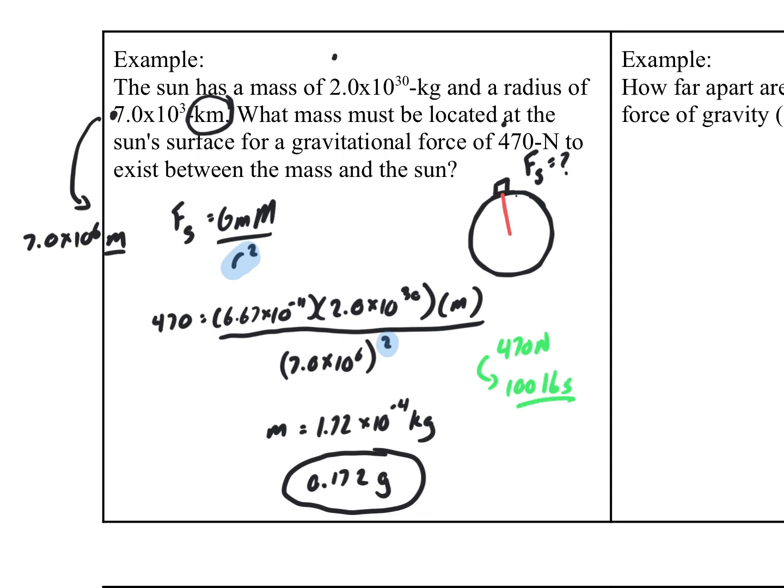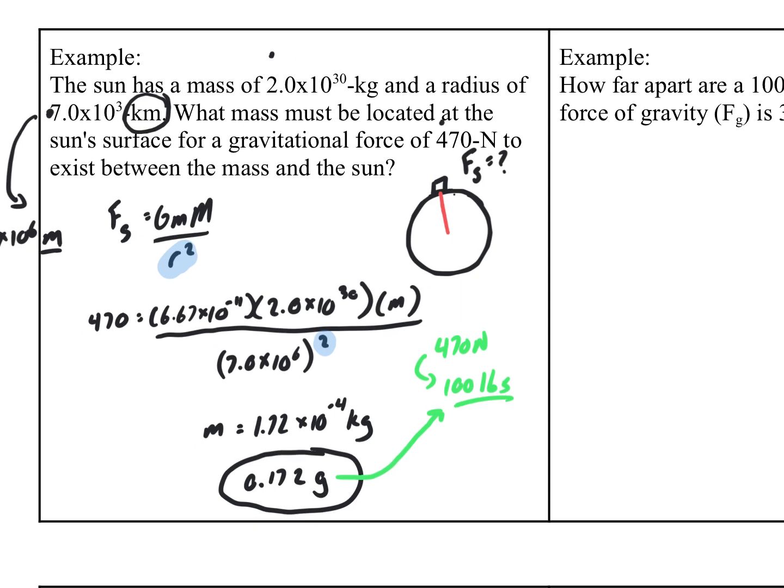So on Earth, if I hold 100 pounds, that's kind of what we're dealing with, that force. What this is telling me is that this is less than a gram. Maybe it's like a paper clip. On the surface of the sun, that paper clip would weigh close to 100 pounds, right? So that's just telling you how strong that gravitational force is on the surface of the sun because it's so massive.